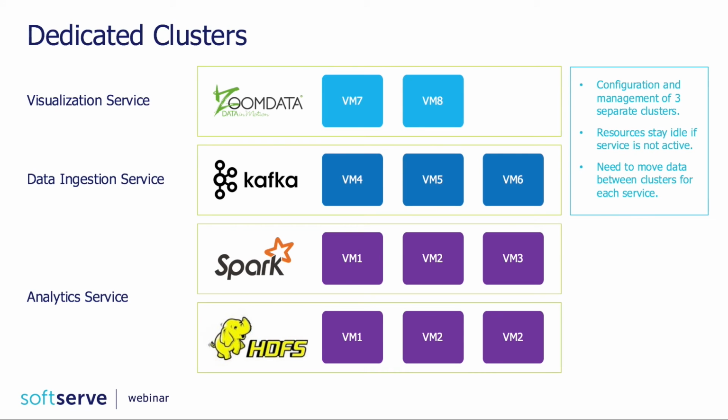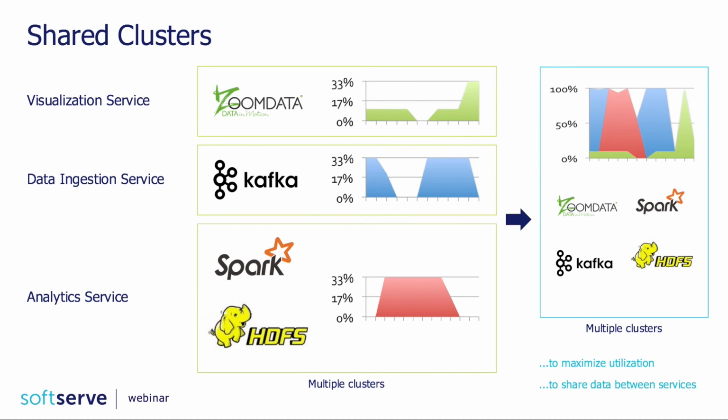A couple of years ago, maybe 5-10 years ago, there was a very popular concept when you placed different components in different clusters. So we used to have separate storage clusters, separate compute clusters, and a separate BI or visualization layer, which means that resources are not utilized evenly, and there is no maximum utilization of resources.